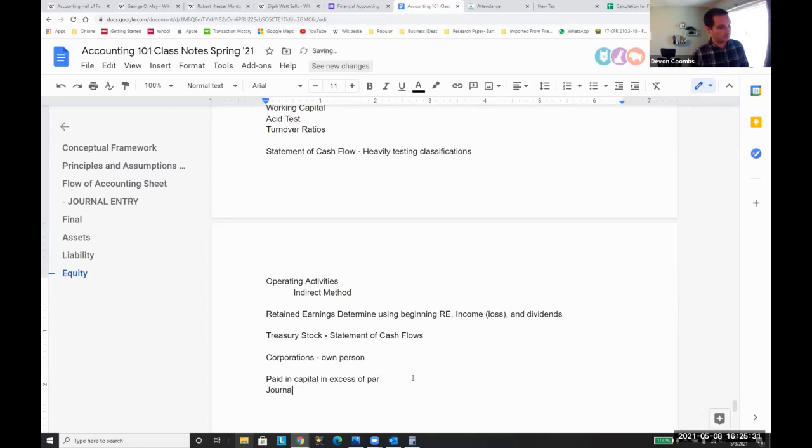Journal entries for equity include common stock, par, stated value, paid-in capital in excess. You remember that we take the stated value, that is going to be our true value. We'll debit cash for the total cash amount, credit the common stock for the par value amount, and then there will be paid-in capital in excess of that value.